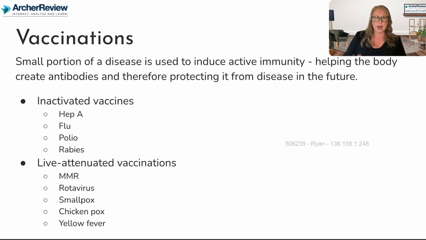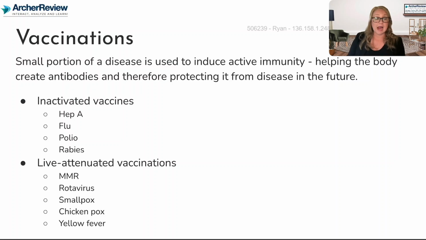So two categories that vaccines fall into. We've got our inactivated vaccines. So that's a killed version of the germ. It's not going to cause as big of an immunity boost or protection, not quite as strong. So you may need boosters over time. It may take a series of vaccines.